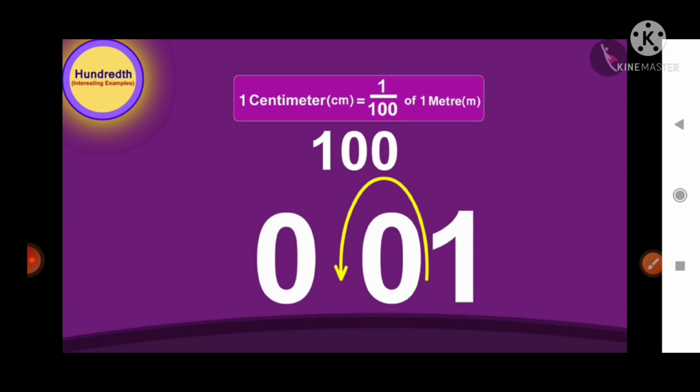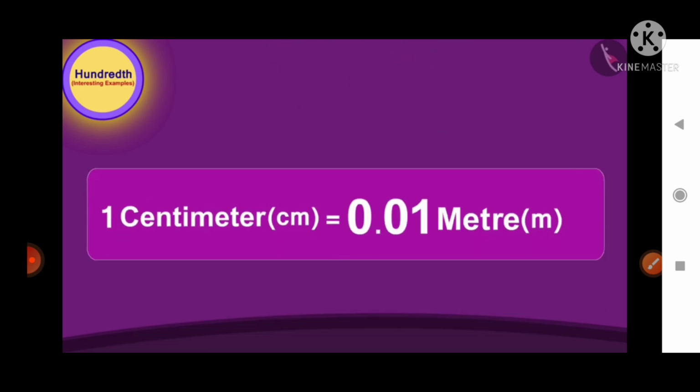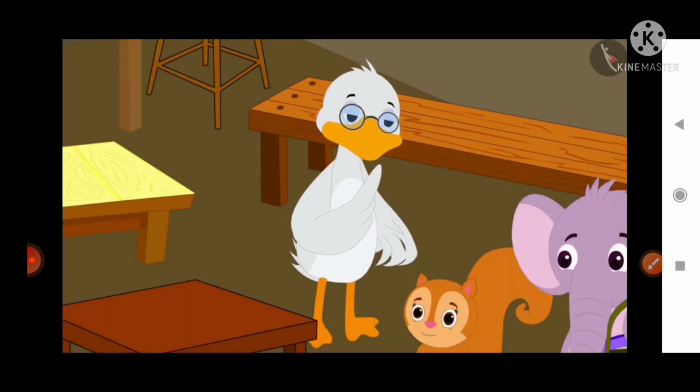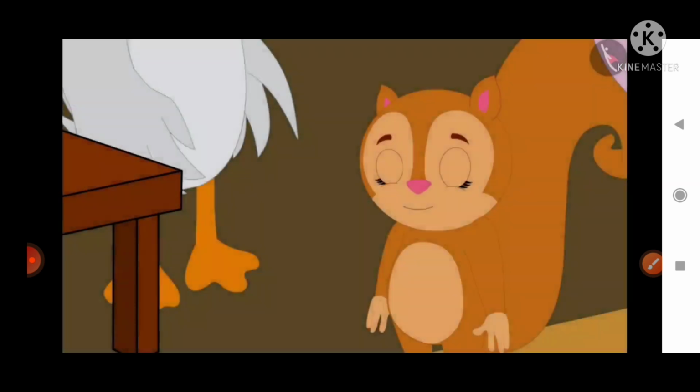So, we need to move 2 digits. In this way, 1 centimeter becomes 0.01 meter. Uncle explained to Chanda.